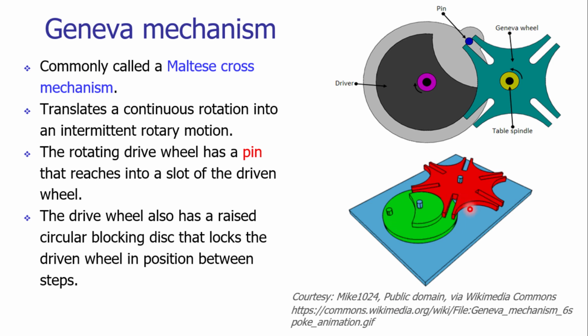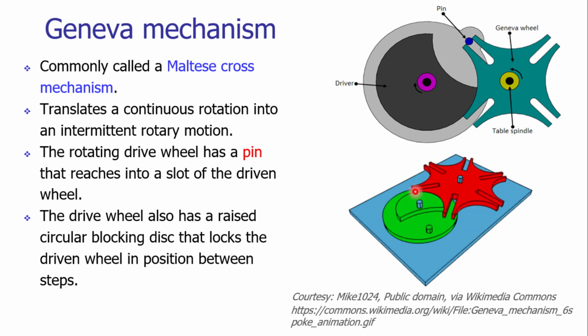This is the external Geneva mechanism, and you just look here, it is getting engaged from this point to this point. The angle of engagement and disengagement of the pin with respect to the Geneva wheel is less than 180 degrees.